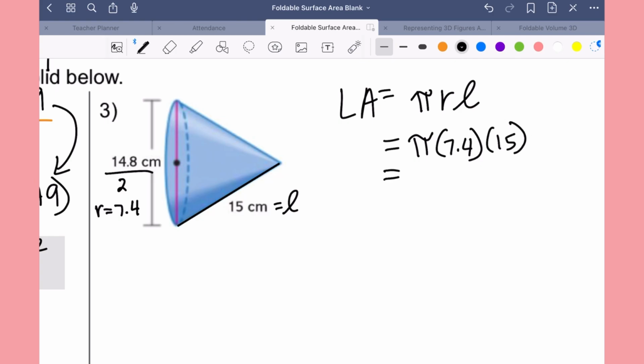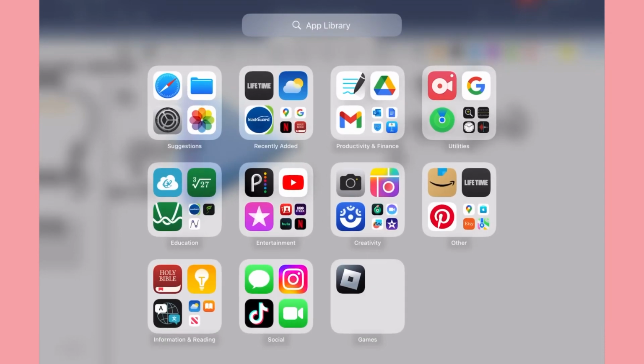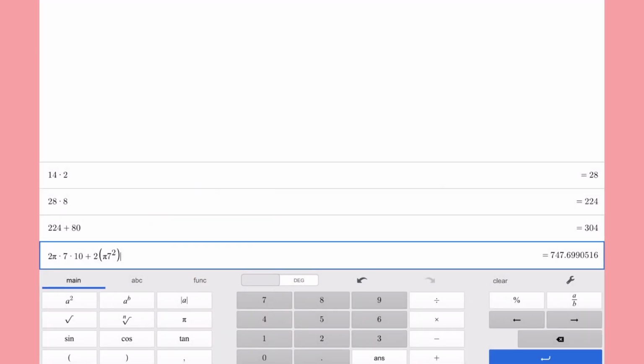We type that into Desmos. Pi times 7.4 times 15. And we're going to round to the hundreds.